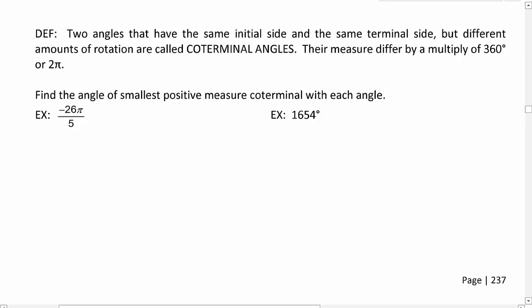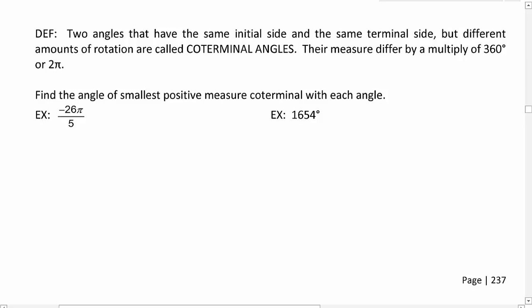With problems like this, we're either going to add or subtract 360 degrees or 2 pi over and over and over again until we get an angle that falls in one positive rotation of the circle. All right, so negative 26 pi over 5. This is a negative angle, so obviously we're going to have to add to get into the positives.